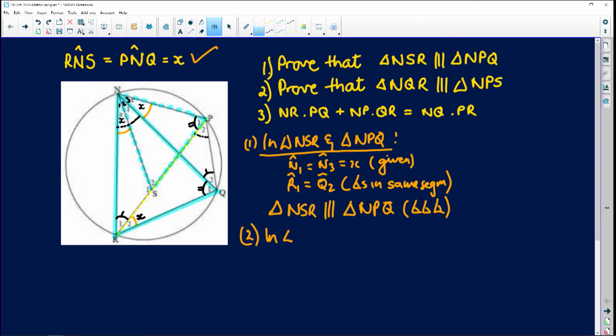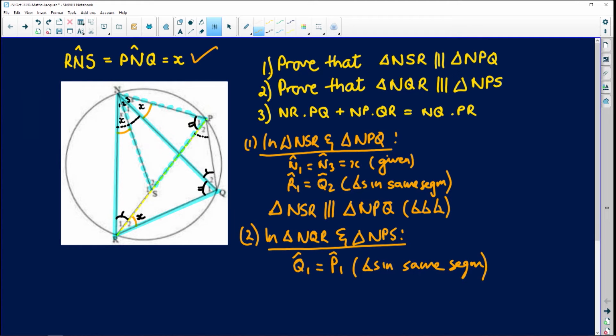So in triangle NQR and triangle NPS, the following is true. I hope that this is helping you, Mandla. The first thing we have is Q1 is equal to P1. Okay, so Q1 here was equal to P1 over there, and that was angles in same segment. Now, I'm going to cut into this angle over there.